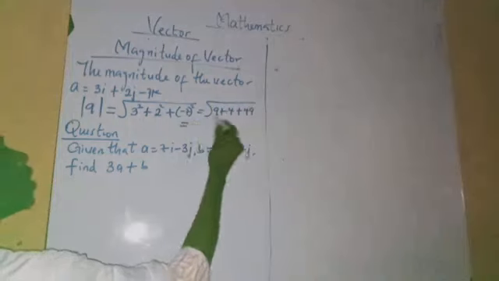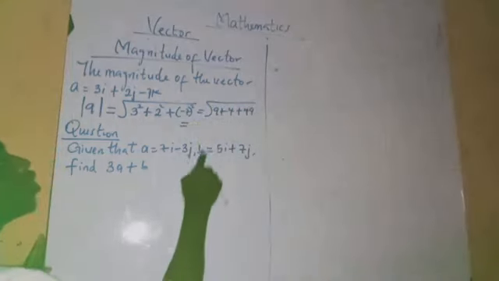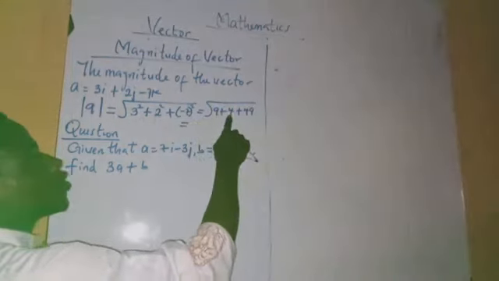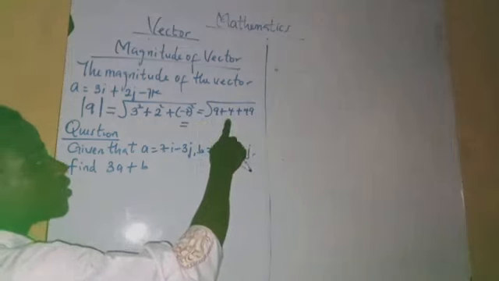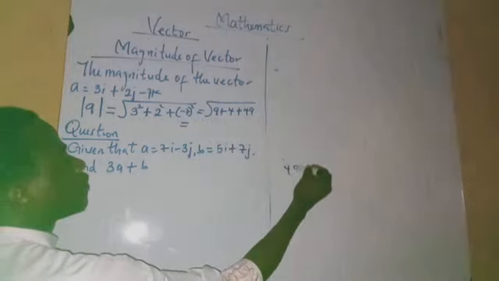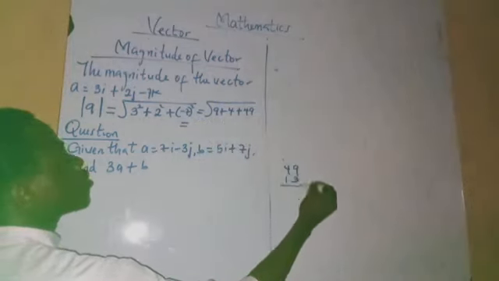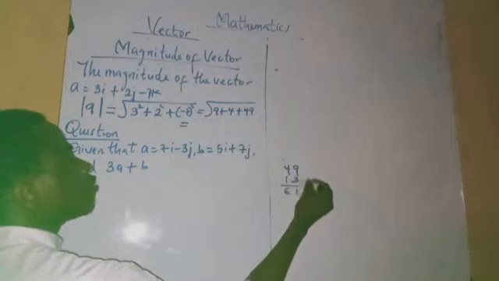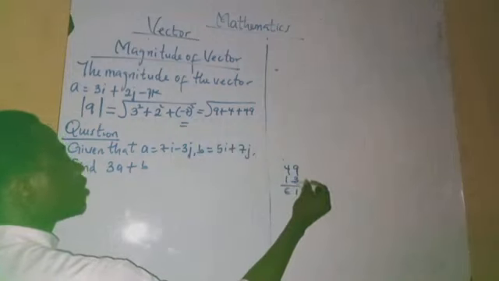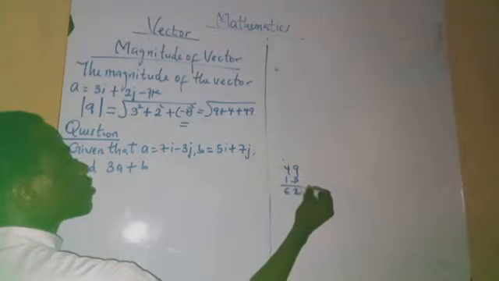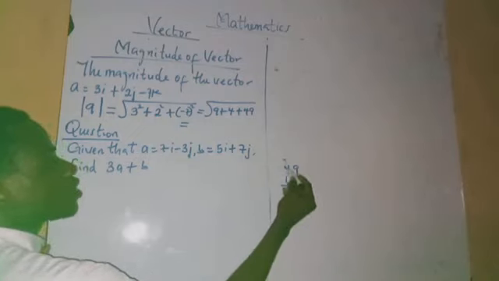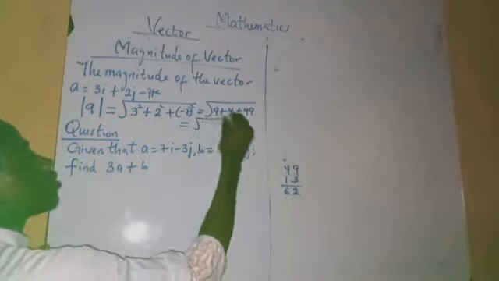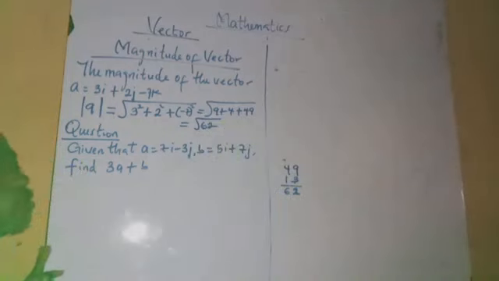Now you sum everything together. 9 plus 4 is 13, and if you add 49 plus 13, that will give us 62. So we have the square root of 62.